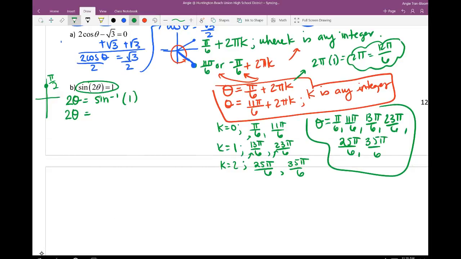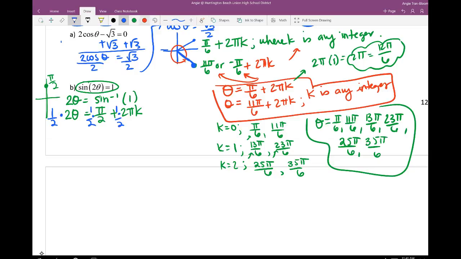So 2 theta equals pi over 2, okay? And again, I'm just going to add 2 pi k because that's the period for the regular parent function of sine. But if you see right here, there's this 2 in the front, so I'm going to multiply each and every term by 2.